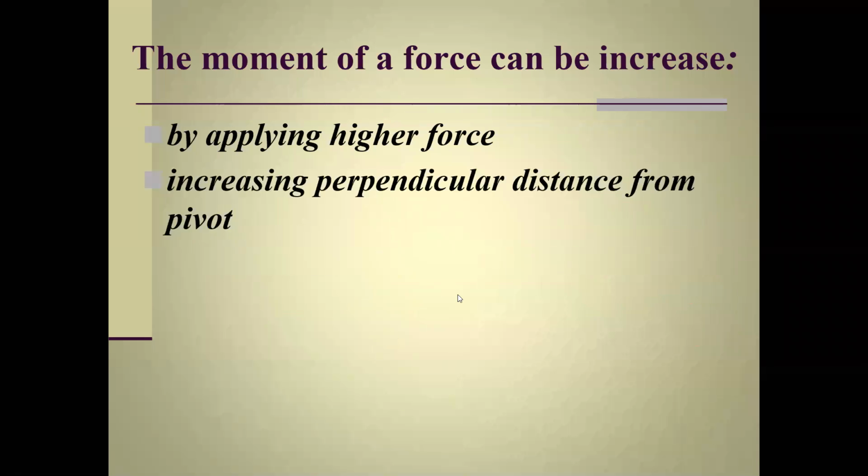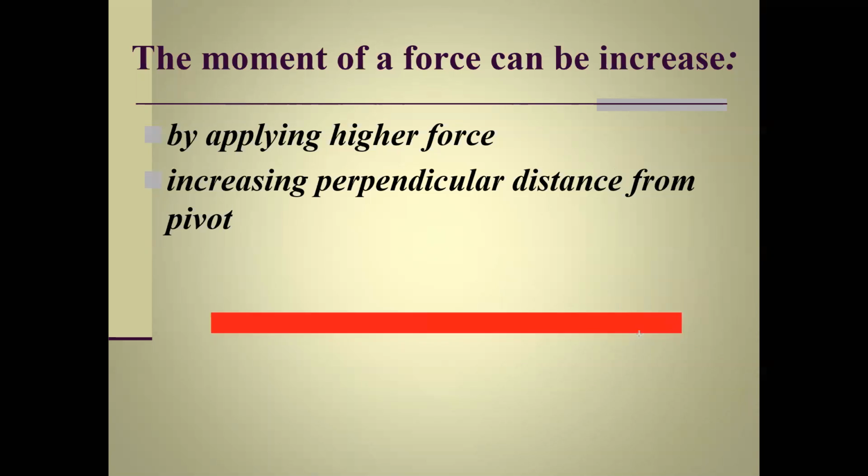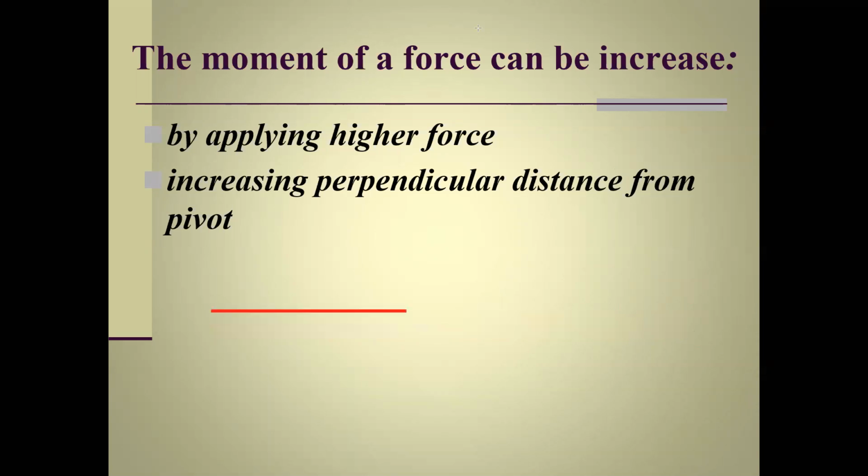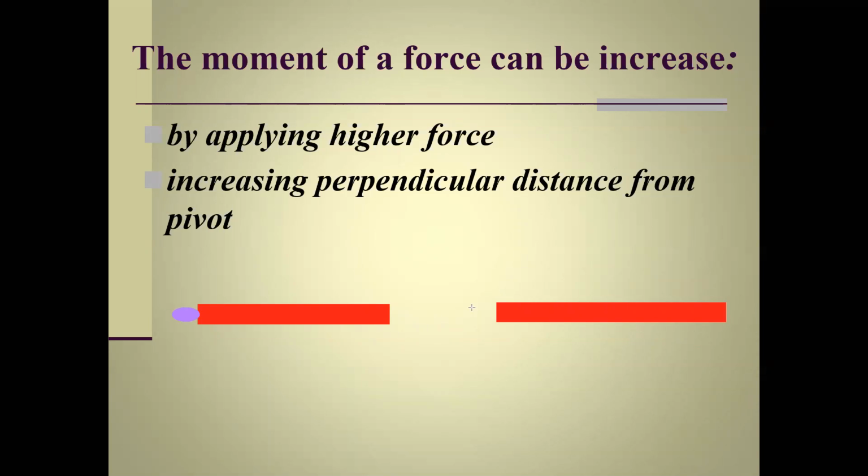Or what else can we do? We can increase the perpendicular distance. So if you have an object of length 2 meters, this is a pivot. The length of this object is 2 meters, identical objects.